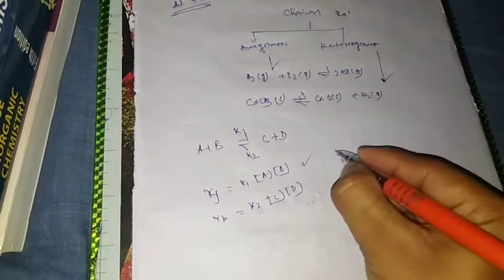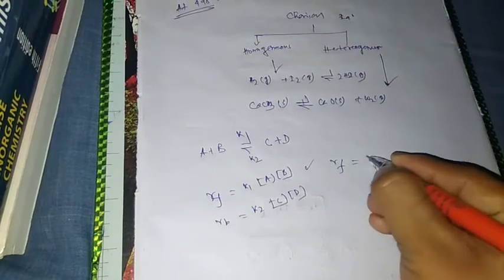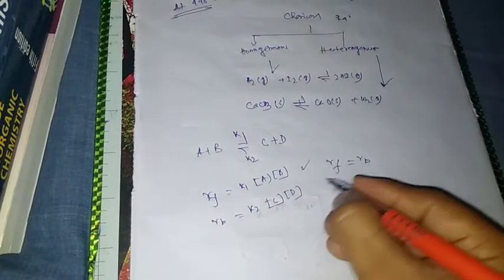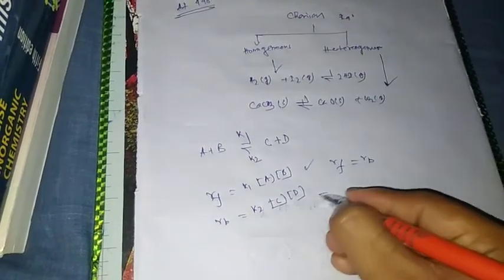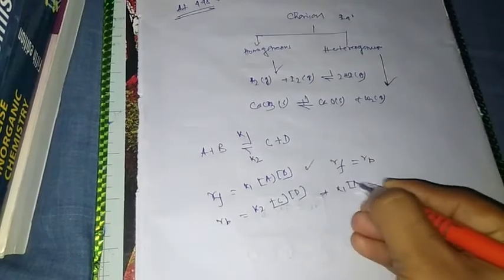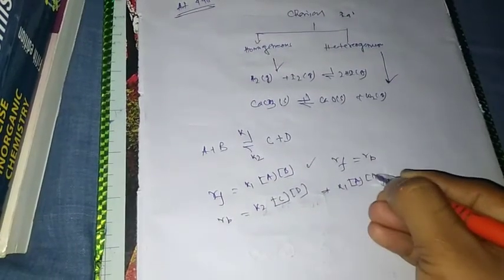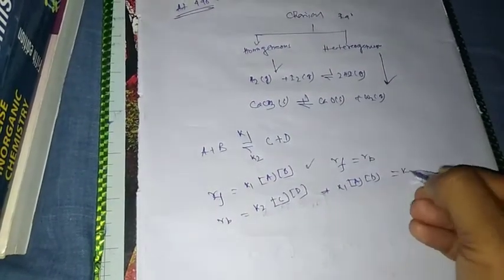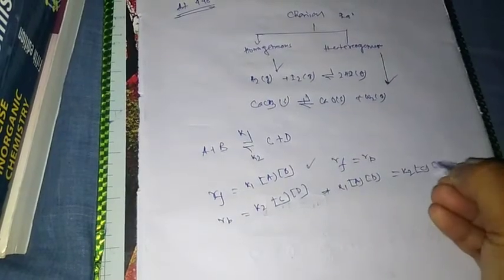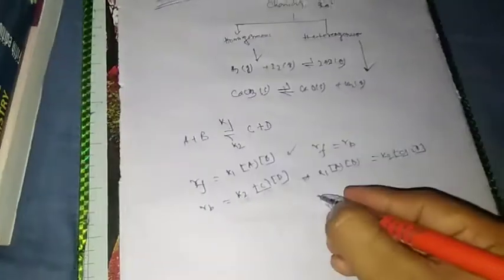Now at equilibrium we know that R forward equals R backward. So if we equate these two, then see what happens.